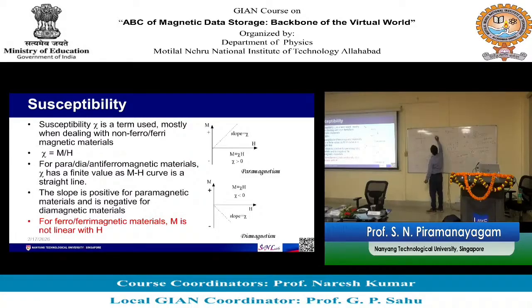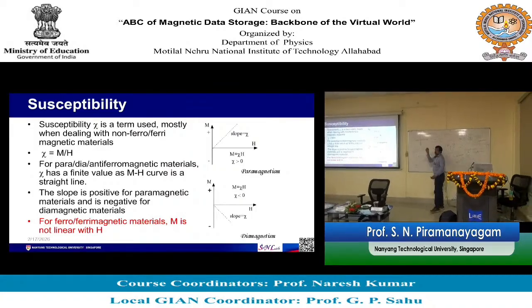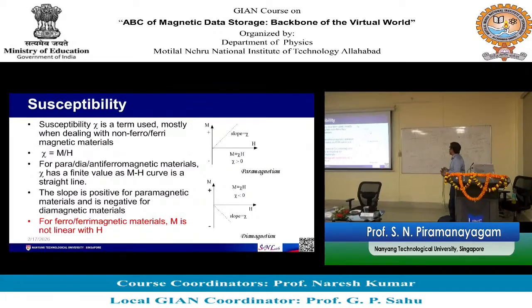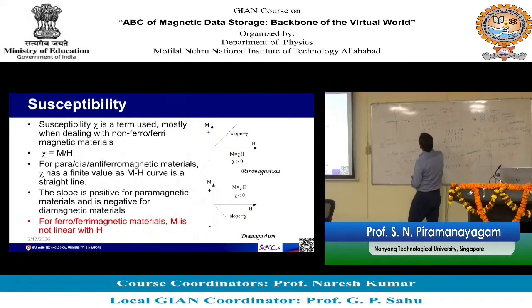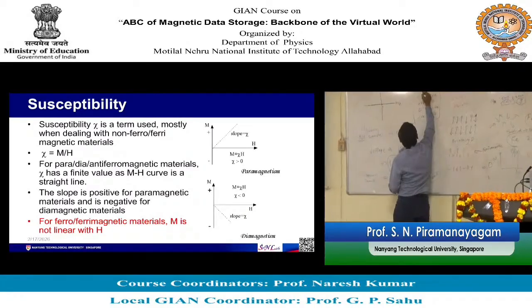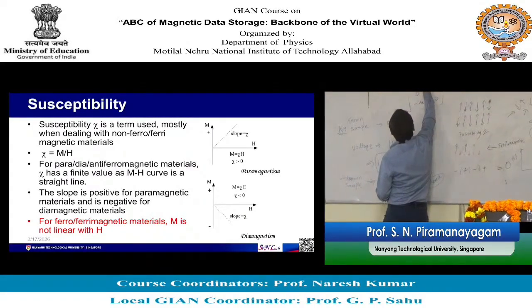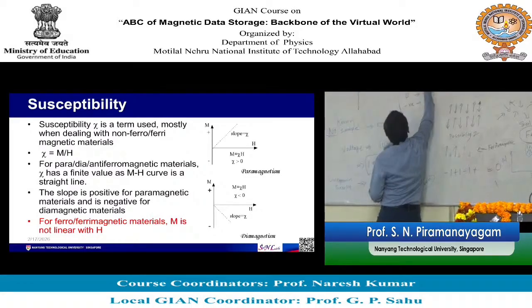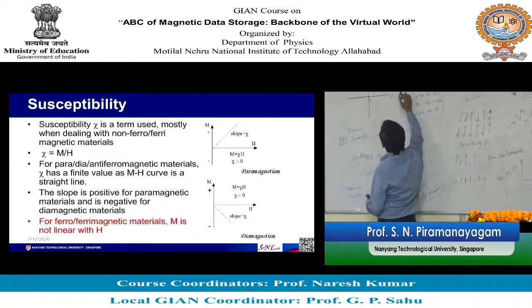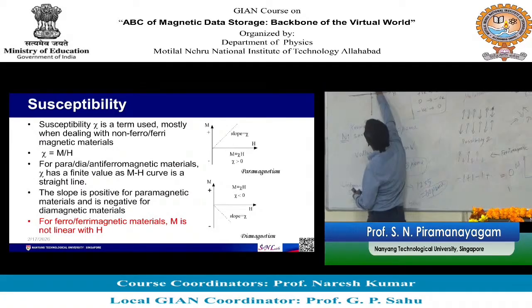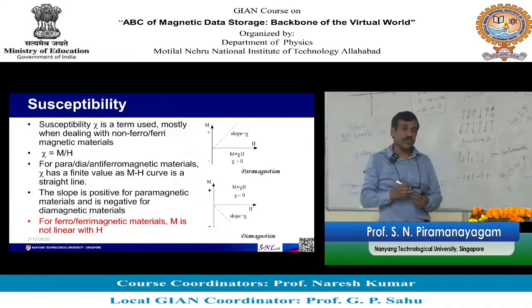So, H will go from 0 to some positive field, then positive field to 0, then 0 to some negative field, then negative field to 0. We go through this process. This is how we usually measure the magnetic properties. This is the field sweep. While sweeping the field, for every field we will measure the magnetic property M, magnetization.